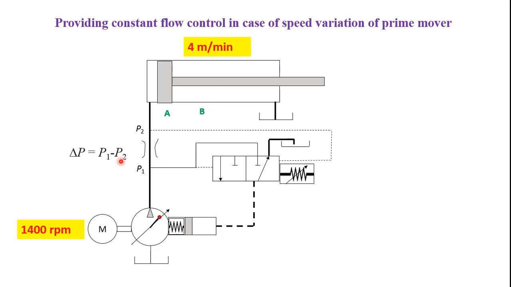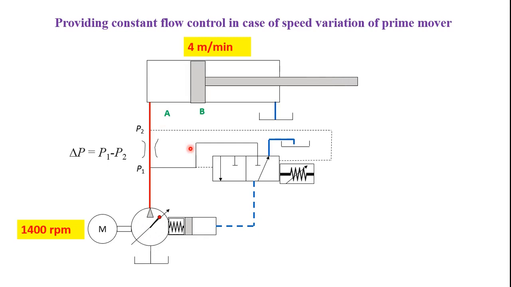At equilibrium, the pressure P1 at the left side of this control valve is balanced by the pressure P2 plus the spring pressure at the right side of this control valve. Therefore, for normal speed of the prime mover, say 1400 rpm, the piston moves with a desired speed of 4 meters per minute while moving from A to B.